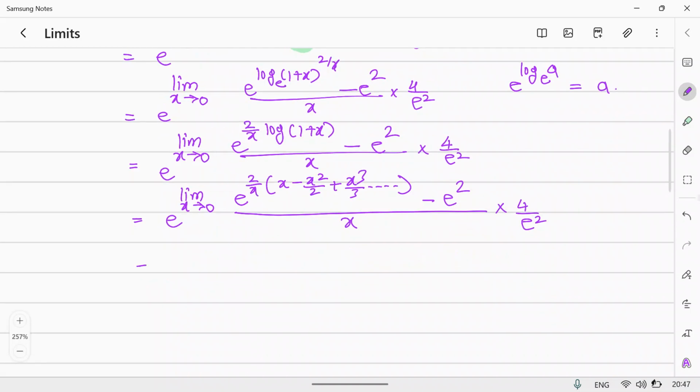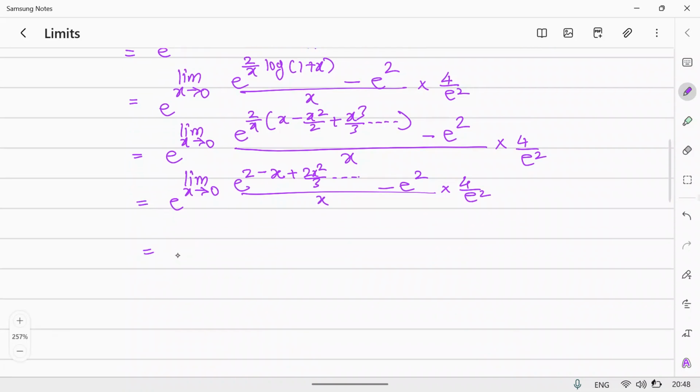So once I take the 2 by x inside, it will look something like this: e raised to (2 minus x plus 2x square by 3, because 2 into x square by 3, and so on), minus e square divided by x into 4 divided by e square.